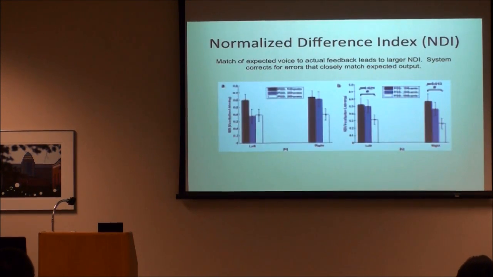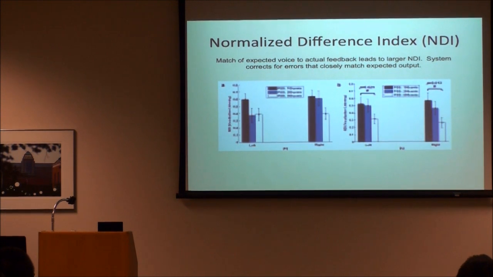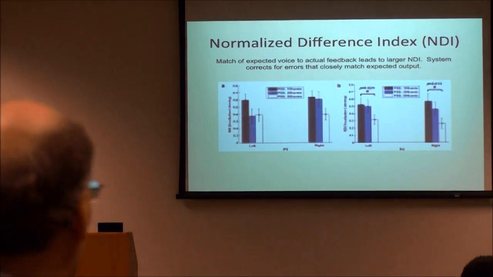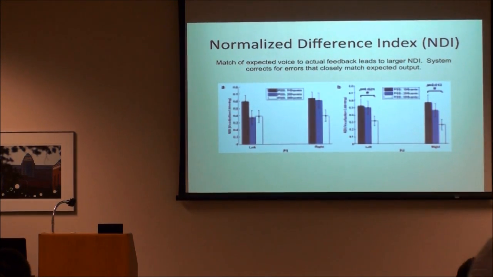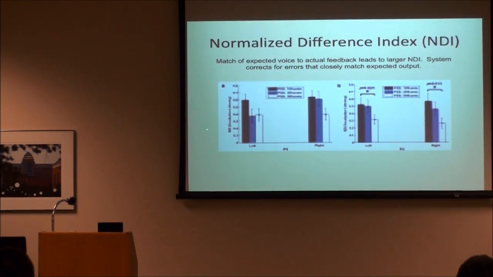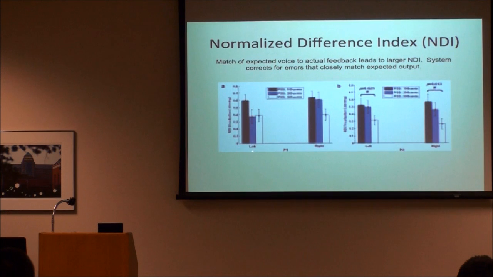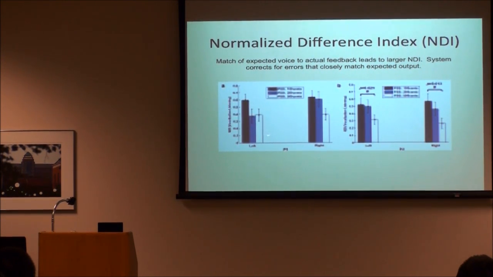Now, to illustrate this differently, Rusba took what's called the normalized difference index, which is the relationship between listening to speaking. And this is really unclear, I'm surprised. This is the P100 response, or N100, and this is the P200 response over here.